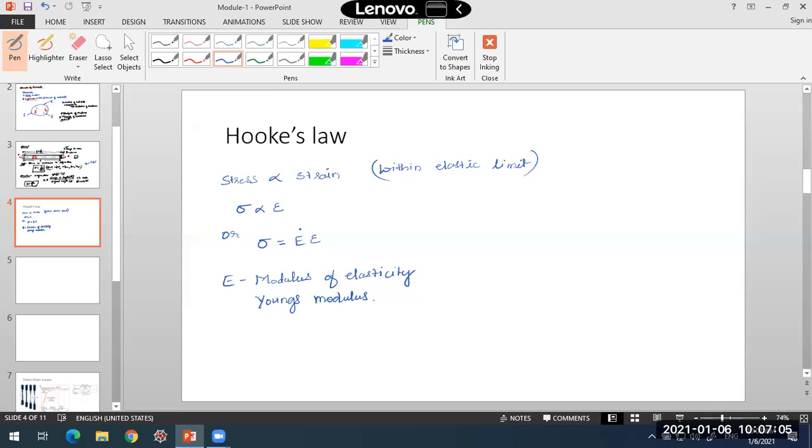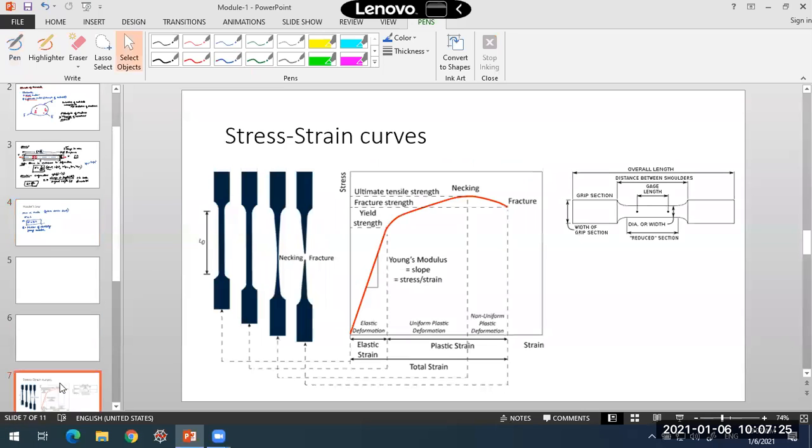So this is how these two are related. The only limitation is that it is valid only within the elastic limit. This is one of the laws we come across in stresses and strains.